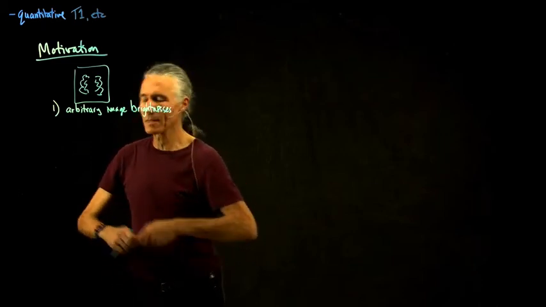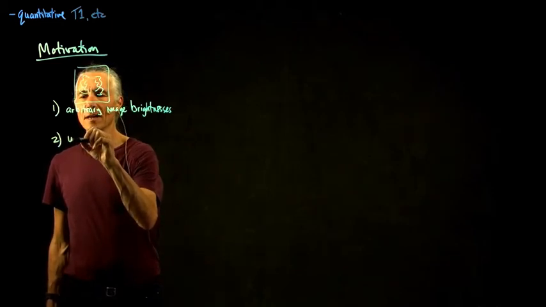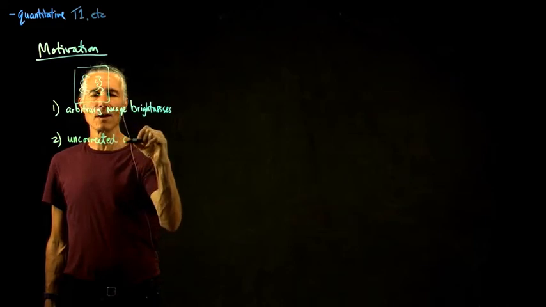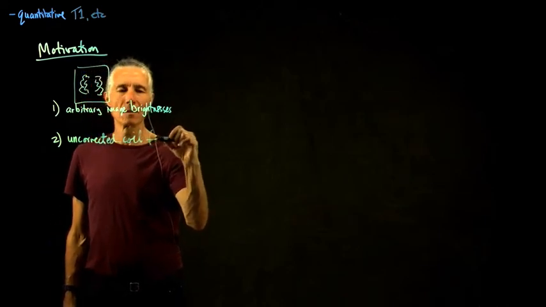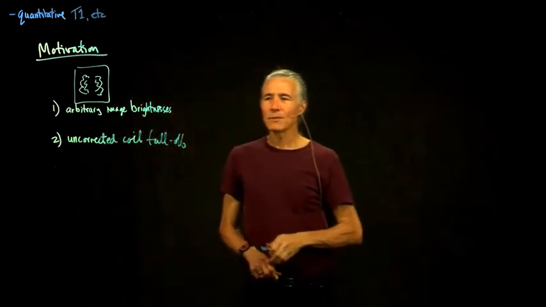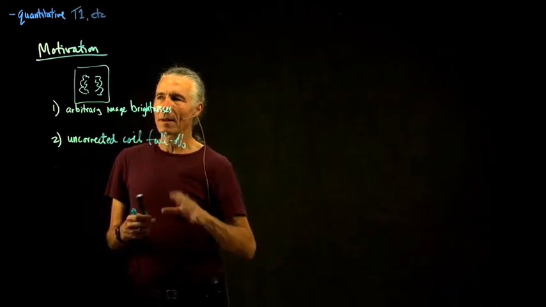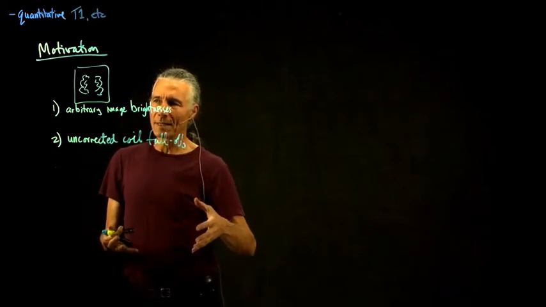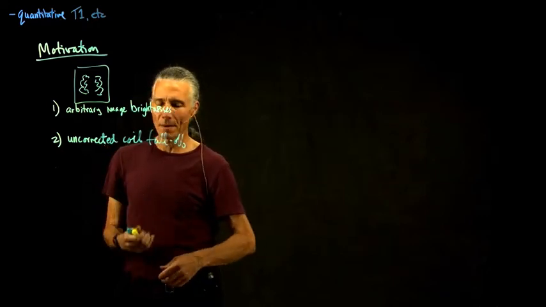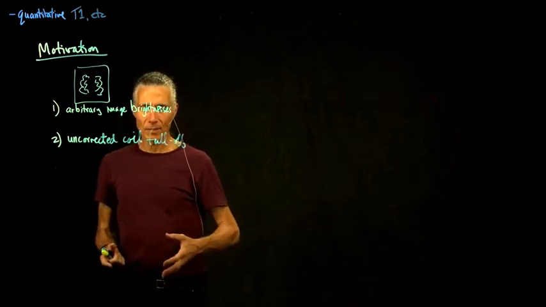But another motivation is uncorrected coil fall off. So if you scan somebody with an old style quadrature, really big head coil, this isn't too much of a problem, because the pickup generally is reasonably uniform.